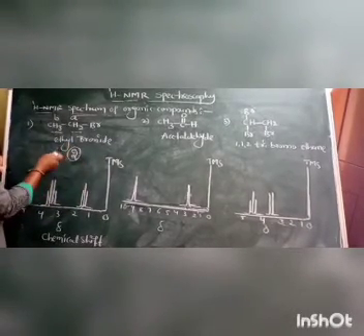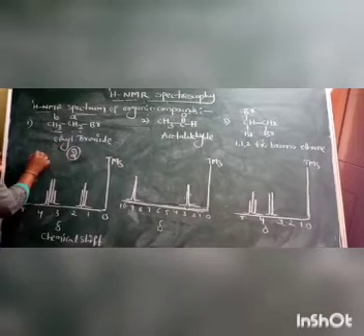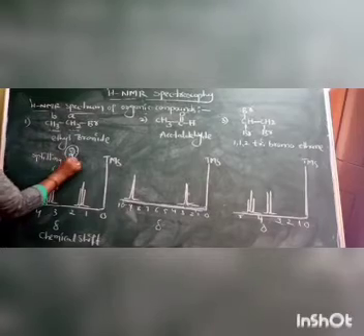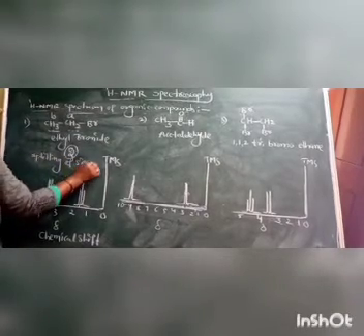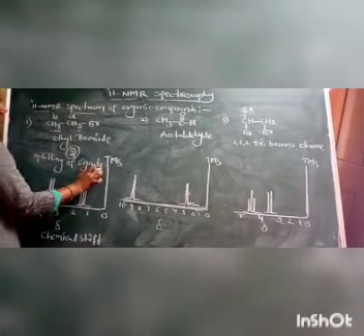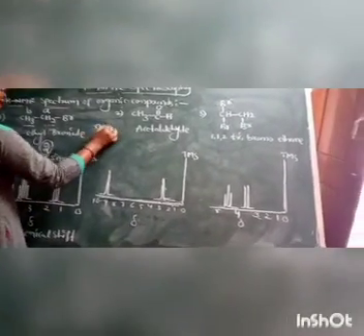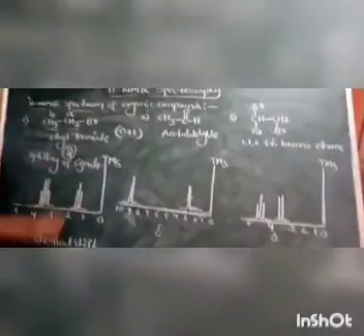That is the splitting of signals according to the n plus 1 rule. Signals split according to the n plus 1 rule, where n is the number of neighboring protons.